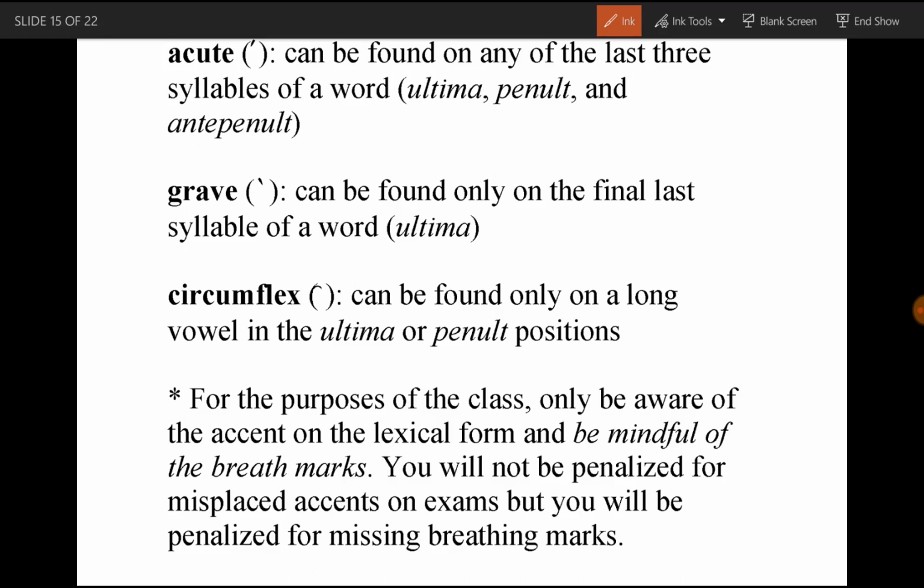And there are 3 types. There's an acute accent, which looks like this. There's a grave accent that looks like this. And there's a circumflex accent, and it can be written like a little umbrella, or sometimes you see a circumflex written like this.